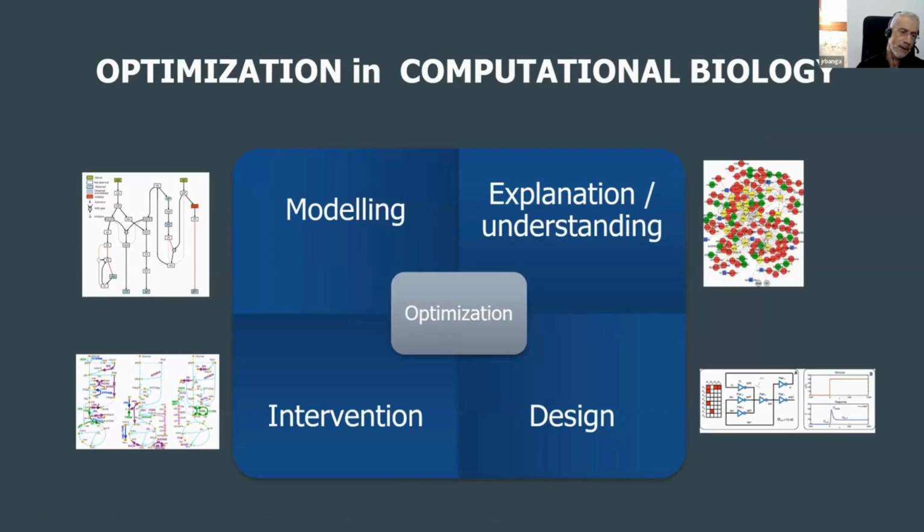So the view here is that we can use mathematical optimization, and I will describe in the next slides what I mean by that. We can use mathematical optimization to build models from data, then using those models to design, for example, optimal intervention. An example would be in metabolic engineering, you want to find out which knockouts you should do to improve the production of a metabolite of interest, for example.